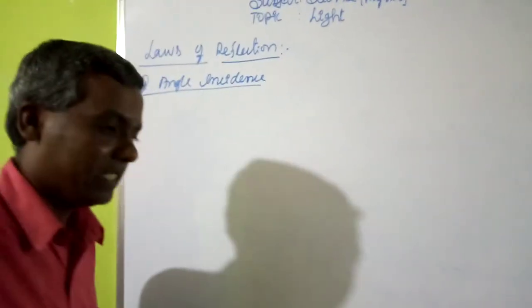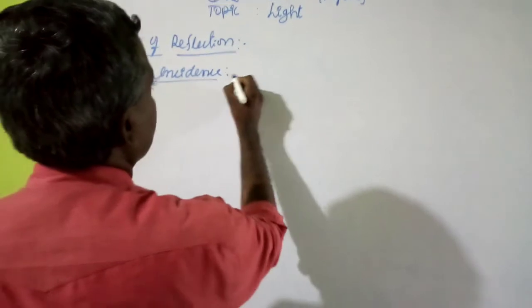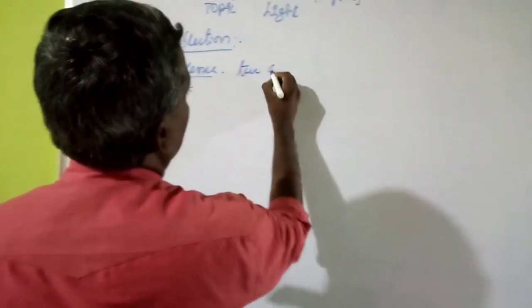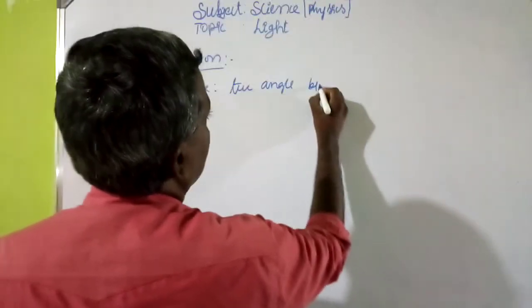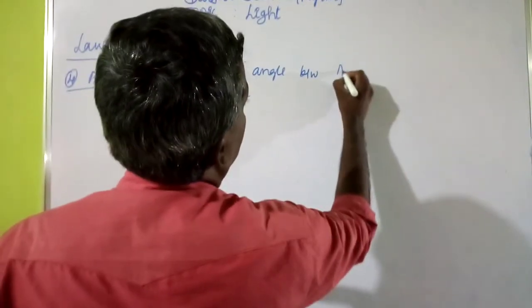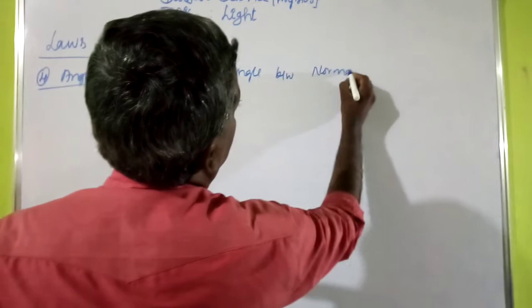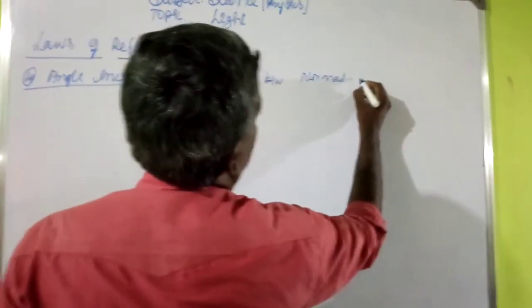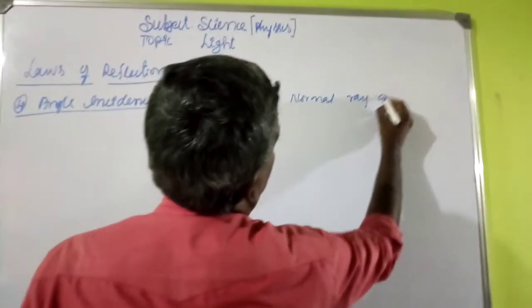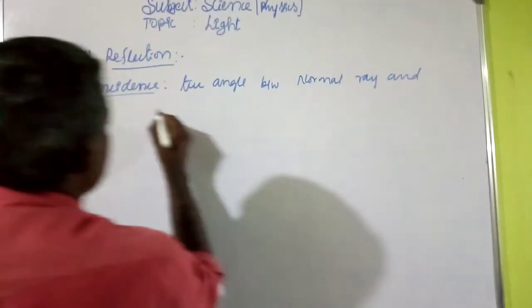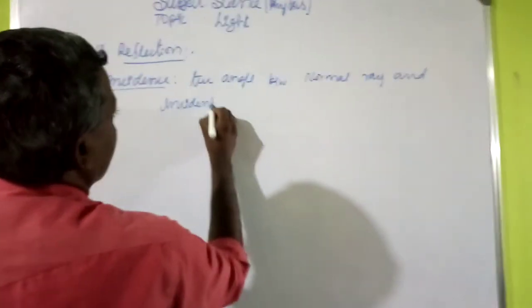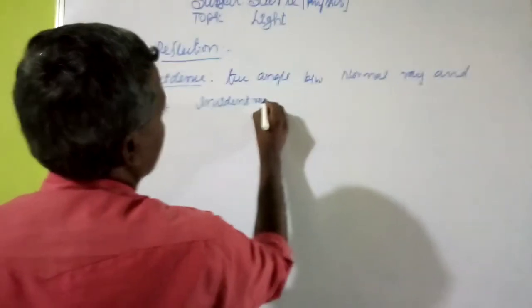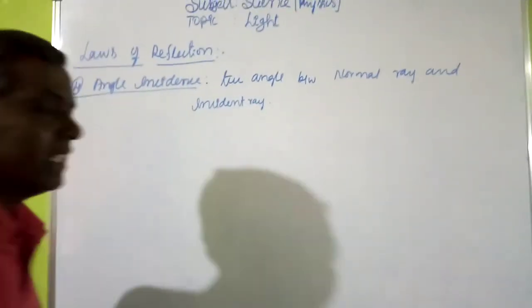Angle of incidence means the angle which is formed between the normal ray and the incident ray. It is called the angle of incidence.